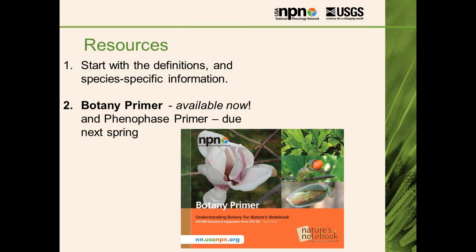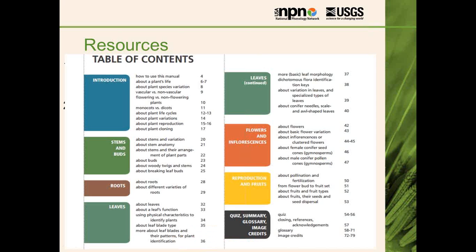We also have a beautiful new Botany primer guide. This has a lot of information about the things that I've been talking about today, as well as a lot more detail. Here's a screen cap of the table of contents. There's detailed information about all of these different phenophase categories, including lots of photographs with graphics like arrows and circles that point out specific parts that you should pay attention to of the different structures.